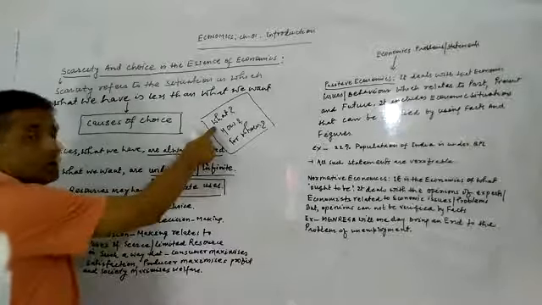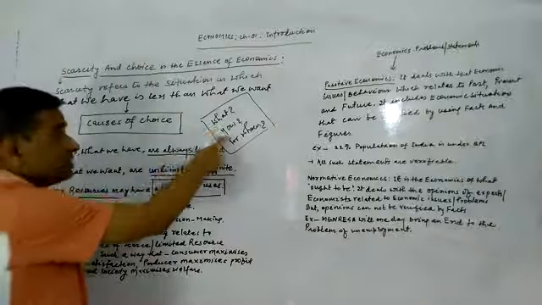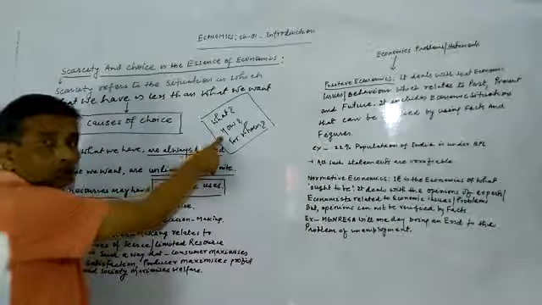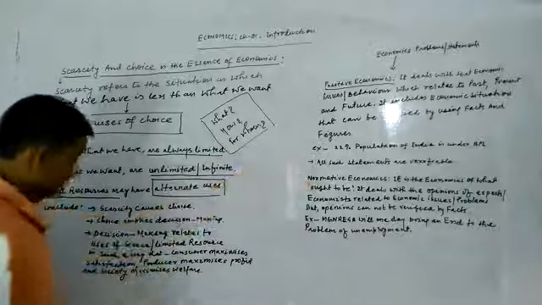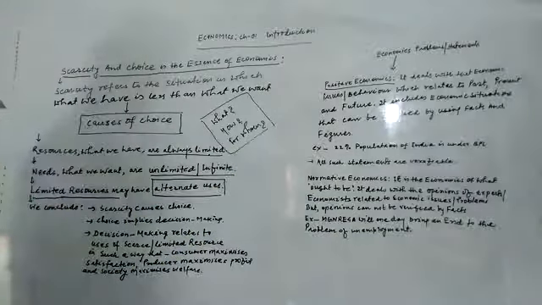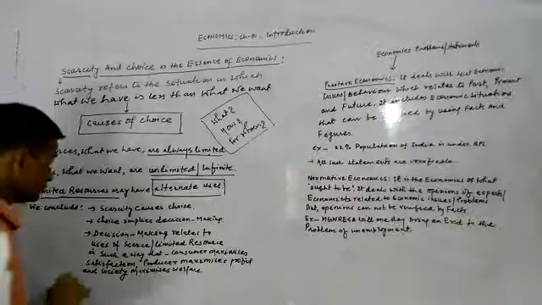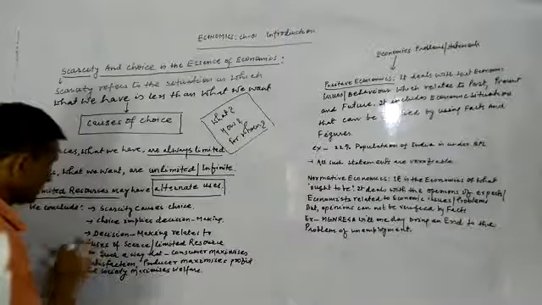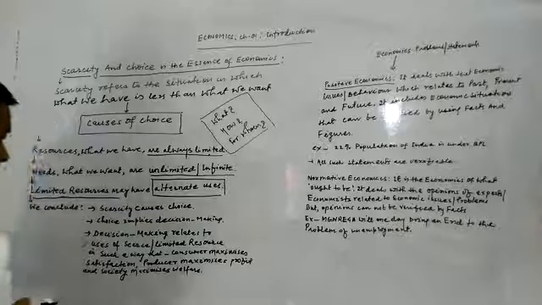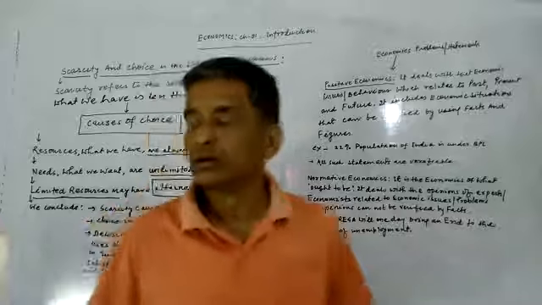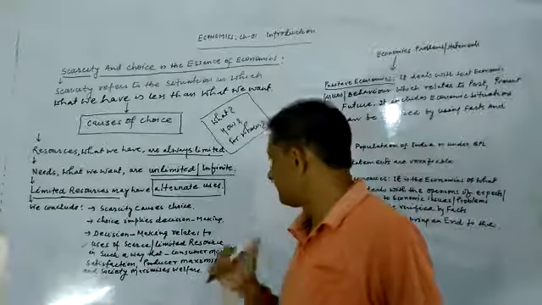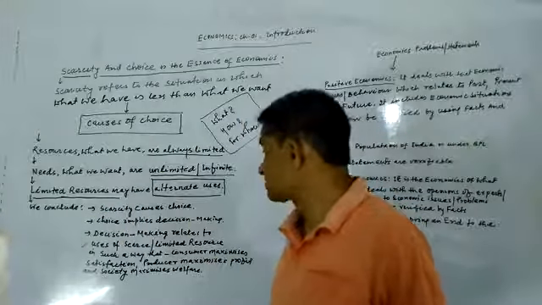Decisions regarding what means what to produce. Decisions regarding how means how to produce. And decisions regarding for whom, that means for whom to produce. Then the decision relates to certain things like use of limited resources in such a way that a consumer is able to fulfill maximum needs.